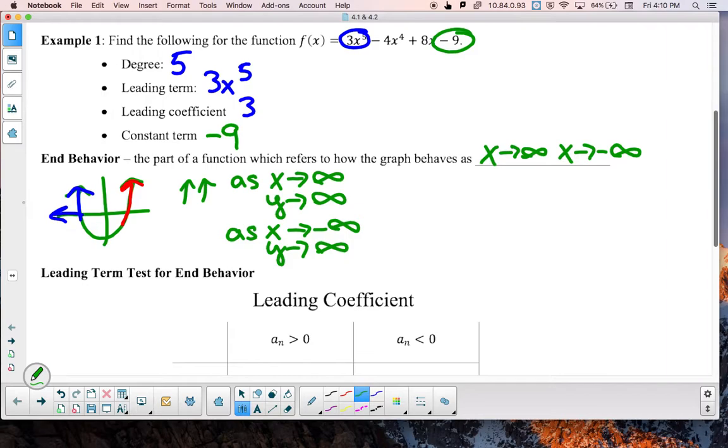So if we're going up, up, this is how MyMathLab will want it.